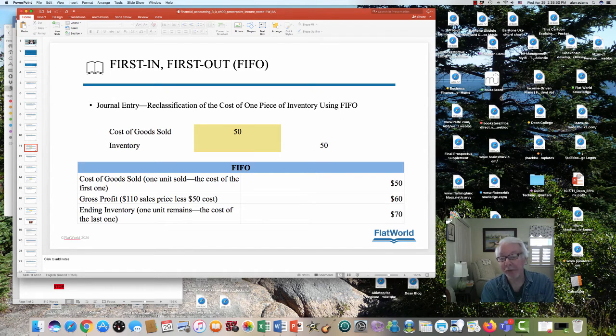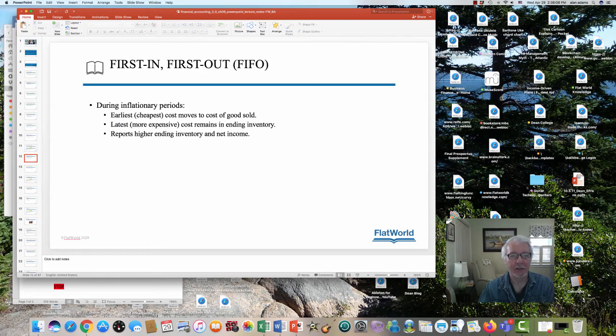And that means if we sold a $50 shirt, the $70 shirt remains in inventory. Cost of goods sold plus ending inventory will always have to be equal to what it is you had available for sale. Okay? All right. Now, we're always going to assume that prices are rising. Sometimes they may not.